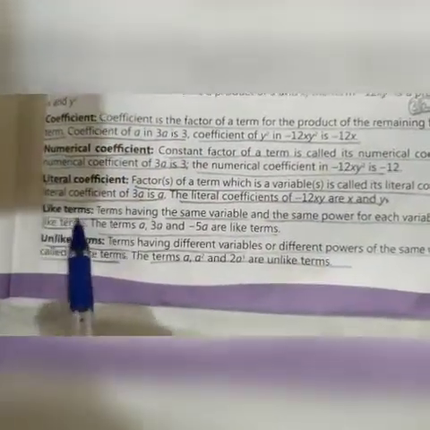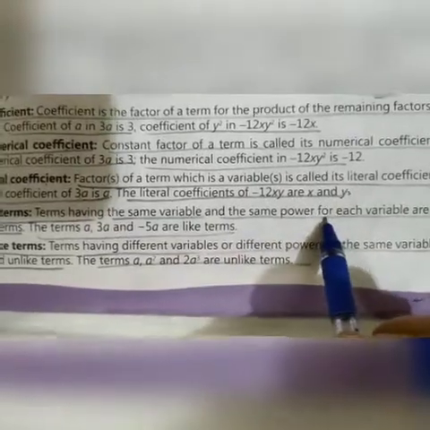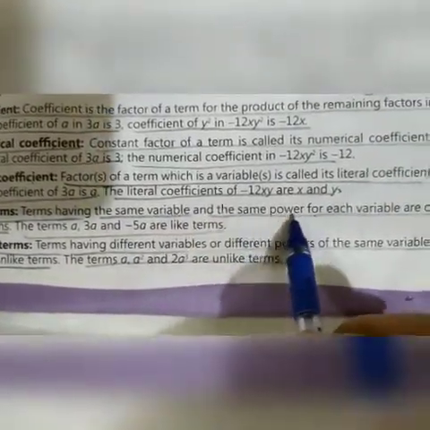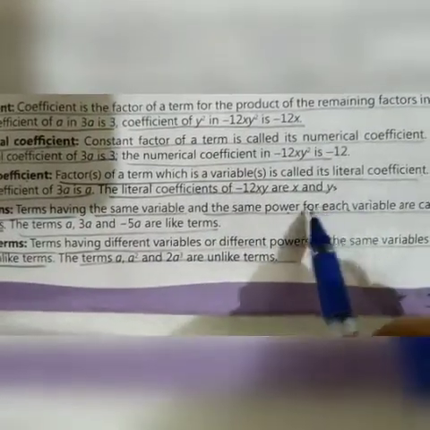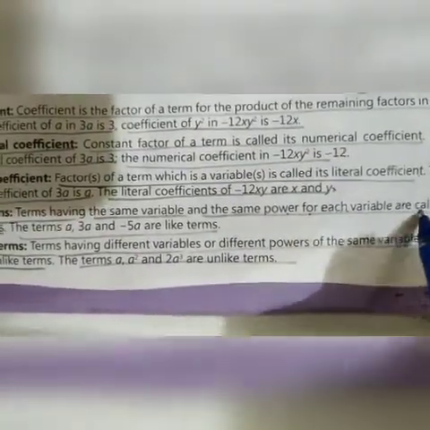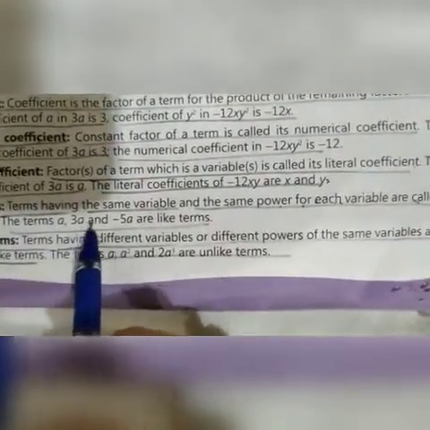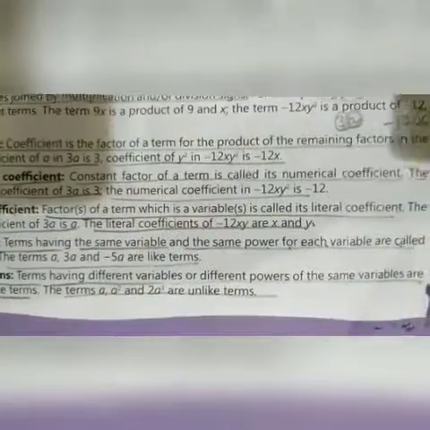Next is like terms. Terms having the same variable and the same power for each variable are called like terms. The terms a, 3a and minus a are like terms.